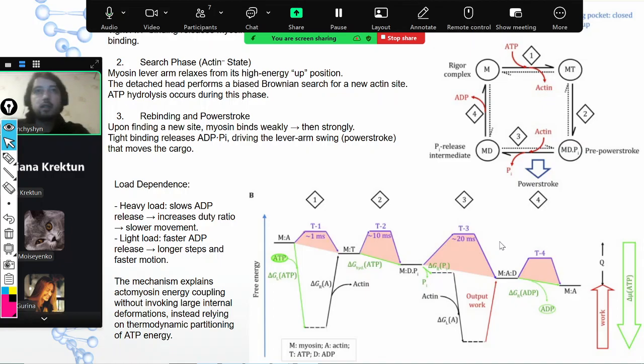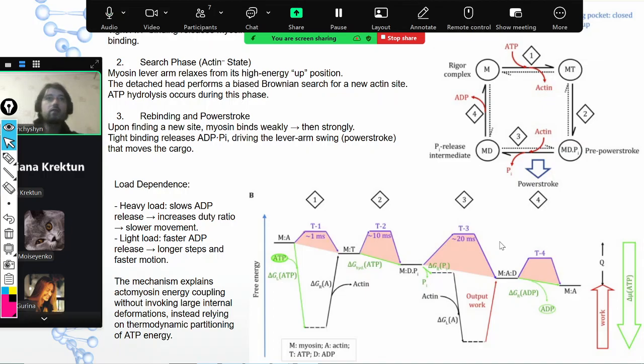These processes, they depend a little bit on the load. So if you have a heavy load that slows the ADP release and increases duty ratio, thus slower movement. If you have light load, you have faster ADP release, so longer steps and faster motion.